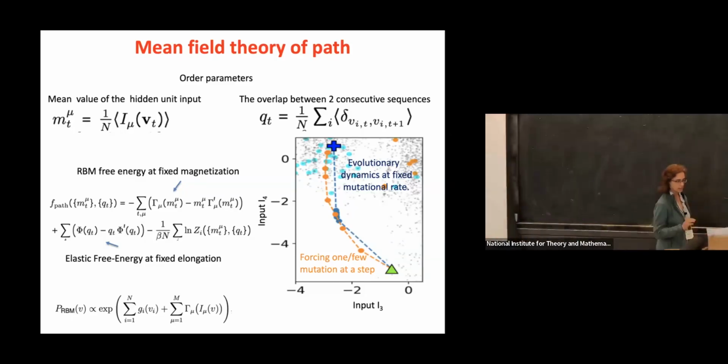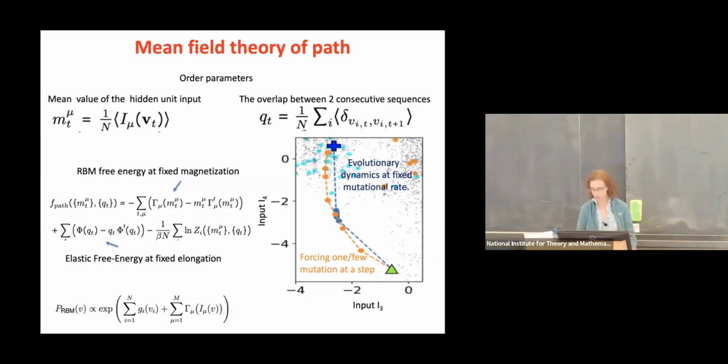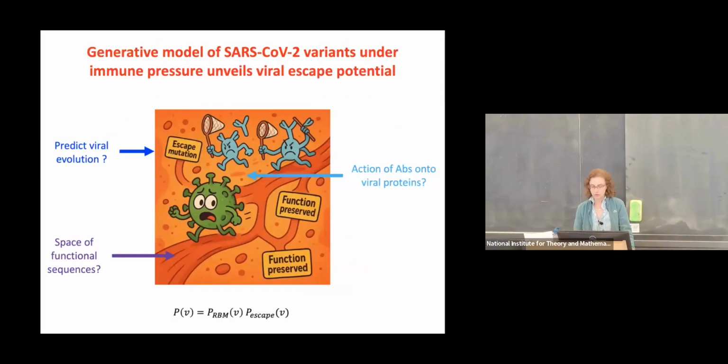Okay, so let's go to the conclusion. We have done this in a much more complicated protein, the receptor binding domain of the SARS-CoV-2 protein, and we have computed the escaping path to the antibodies.